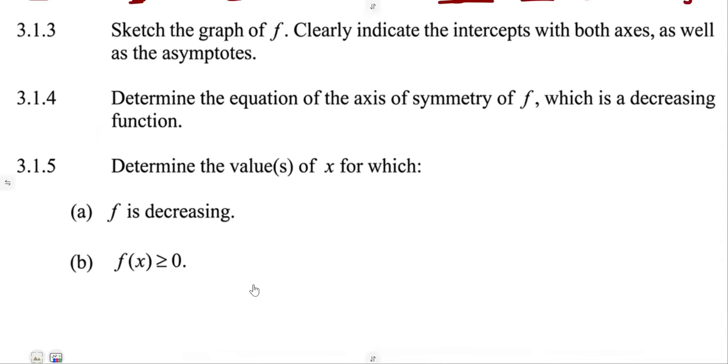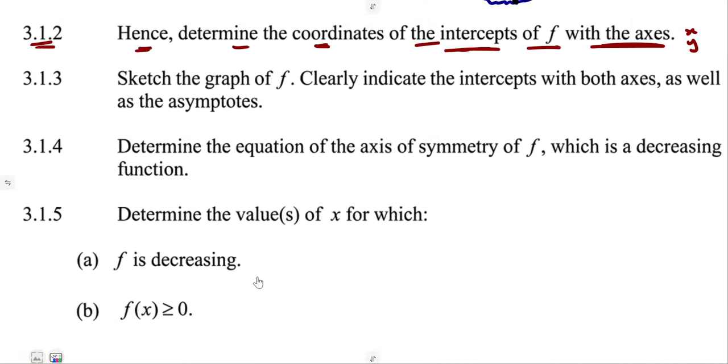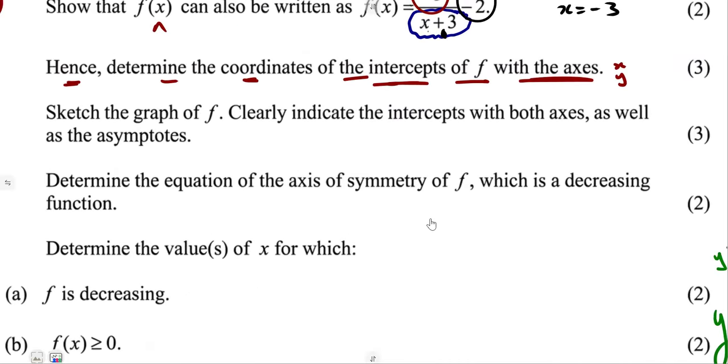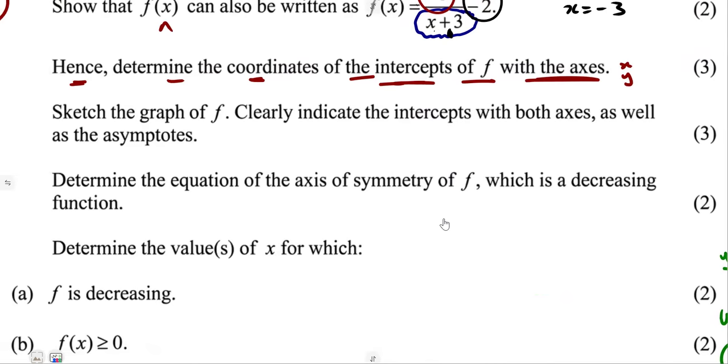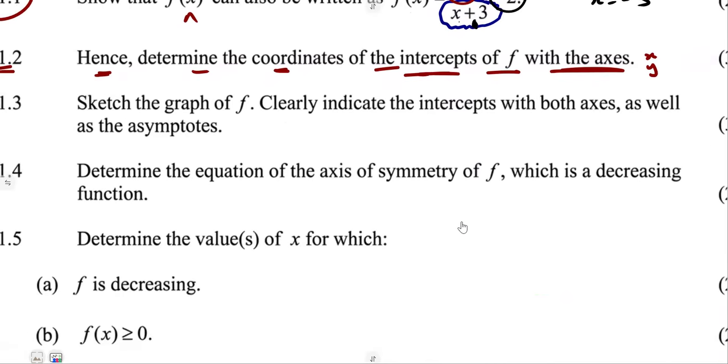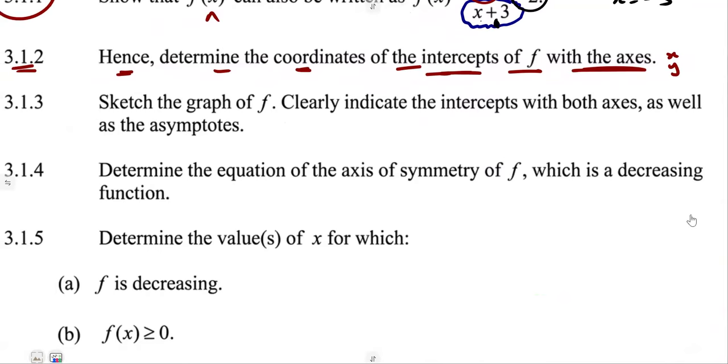Then on that part, after sketching, we indicated everything here, guys: axes, asymptotes. On 3.14, they want us to determine the equation of the axis of symmetry of f, which is a decreasing function.